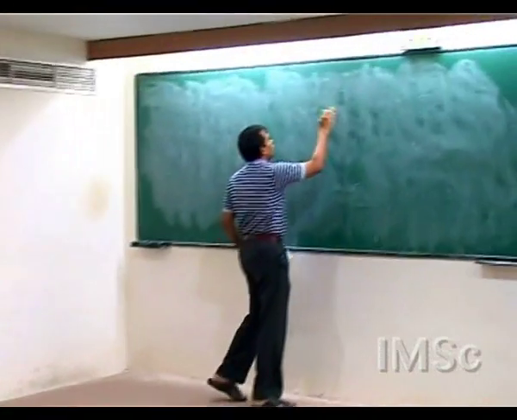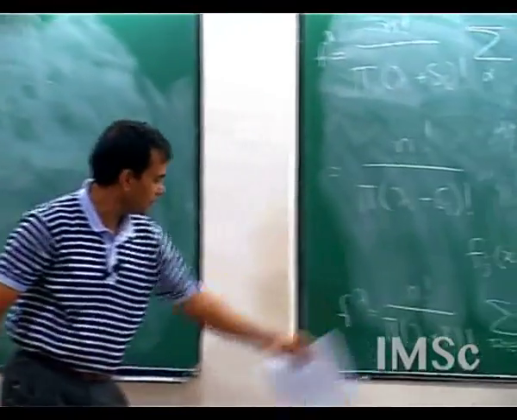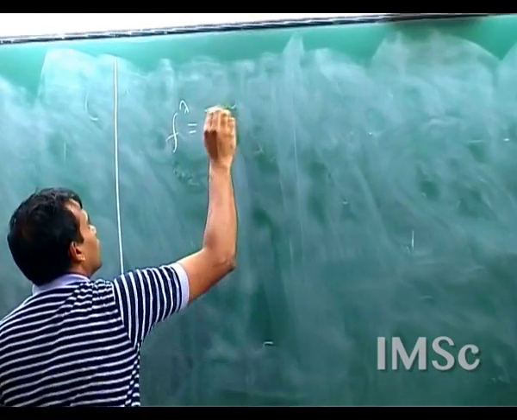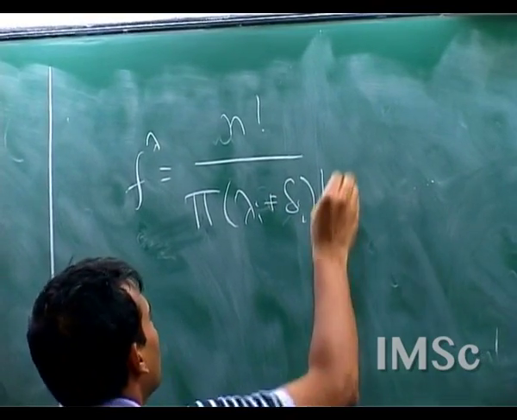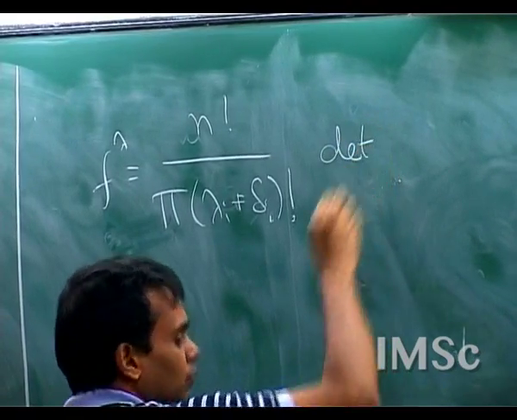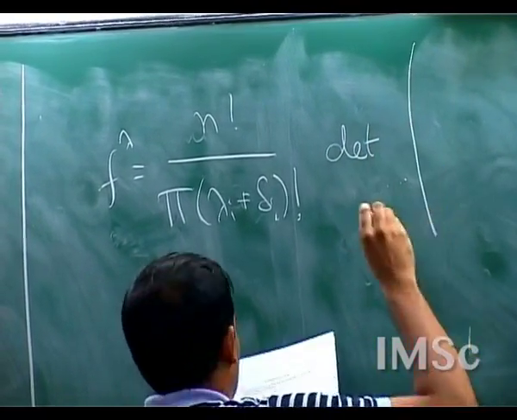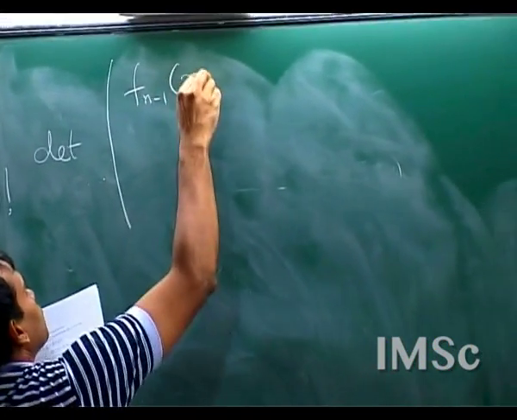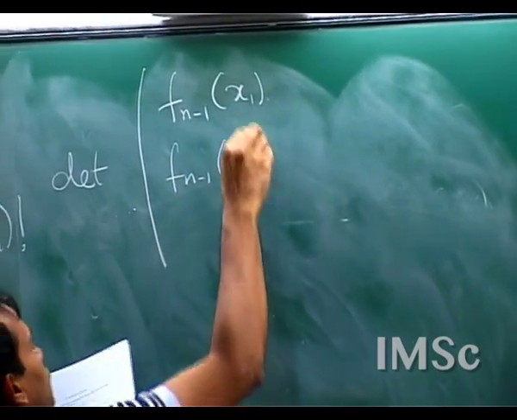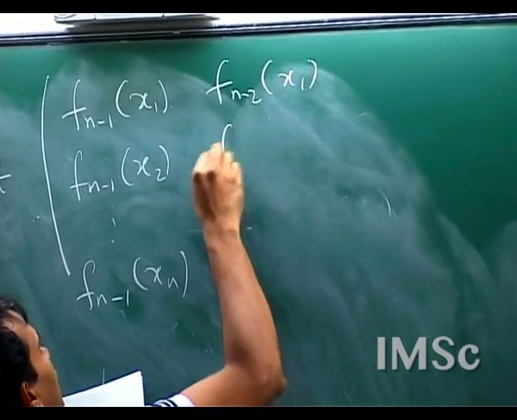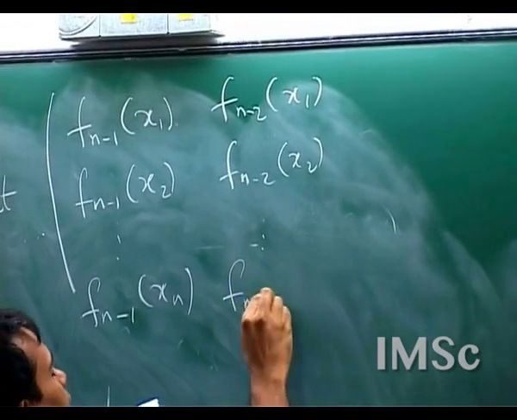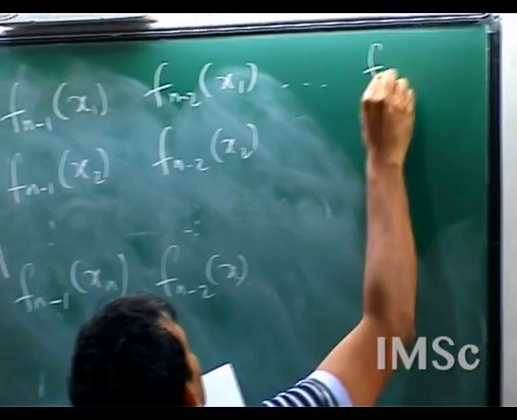Oh, I shouldn't have erased that. So that is really the determinant of the matrix whose rows are fn minus 1 x1, fn minus 1 x2, up to fn minus 1 xn, then fn minus 2 x1, fn minus 2 x2, up to fn minus 2 xn, all the way up to f0, which is the constant one.